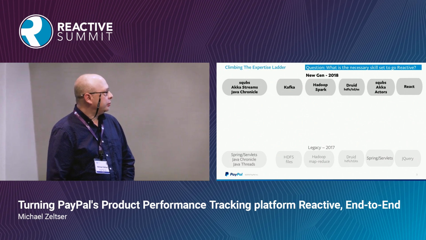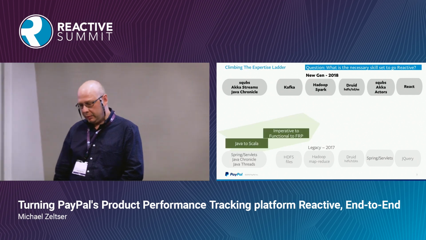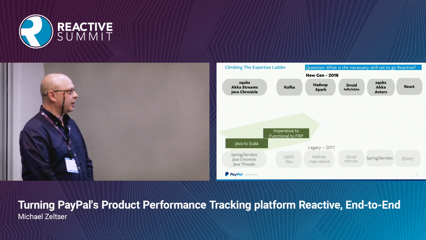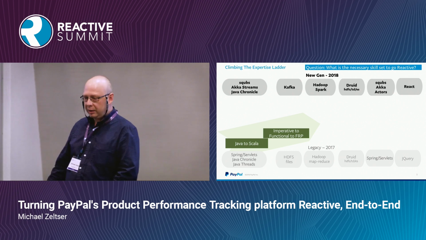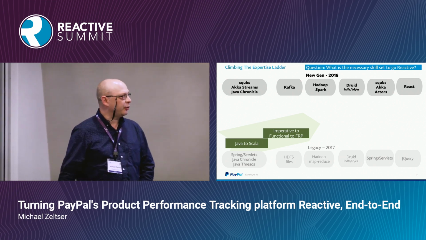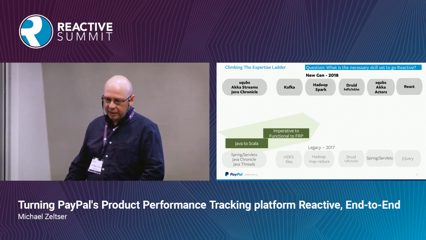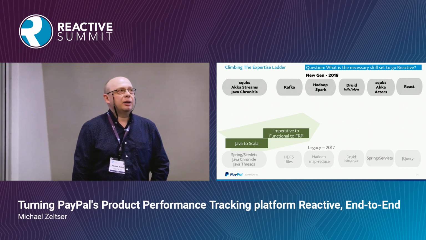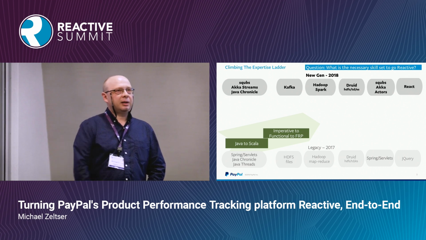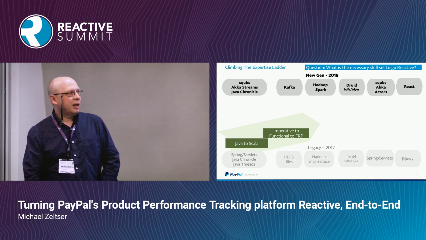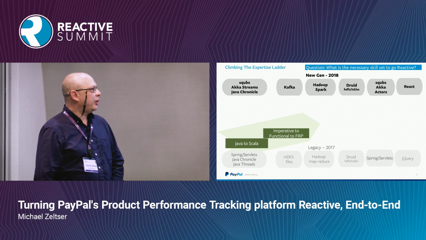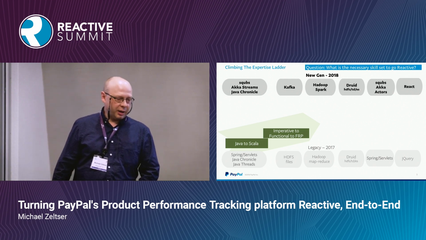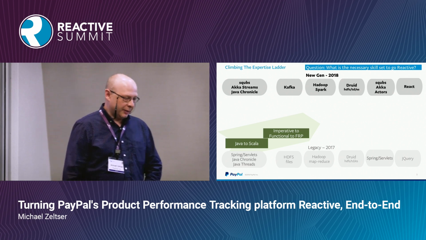Okay, so the first step, and we believe this is a pretty important step, is to get your head out of the imperative programming world. So we decided that maintaining state and dealing with side effects and all other things that come with normal Java development are not very good for making systems reactive.